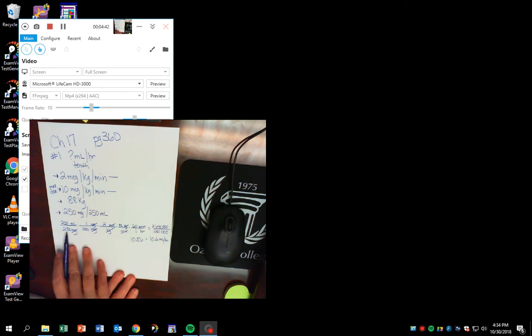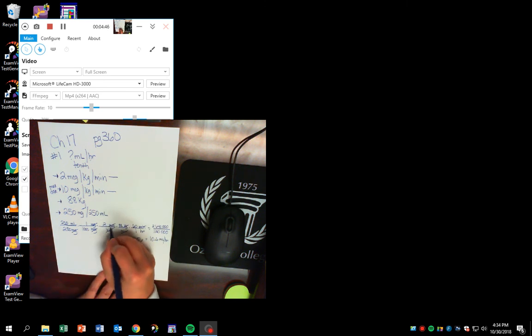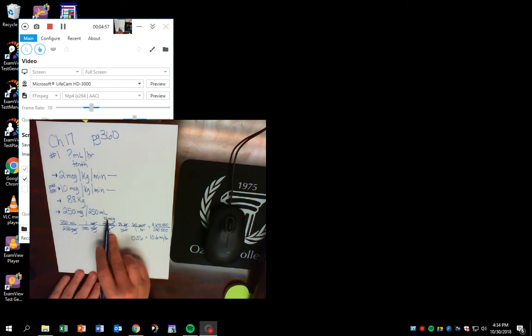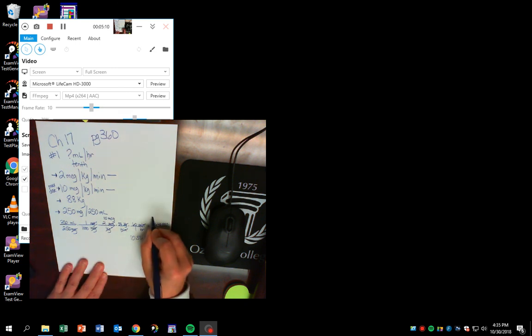You can go ahead and write all of this out, or I'm just going to change my 2 micrograms per kilogram here, and I'm going to add 10 micrograms. I hope that makes sense. So now I just don't have that 2 micrograms in there, and now have 10. So now I'm going to do 250 times 10 times 88 times 60, and that gives me 13,200,000.